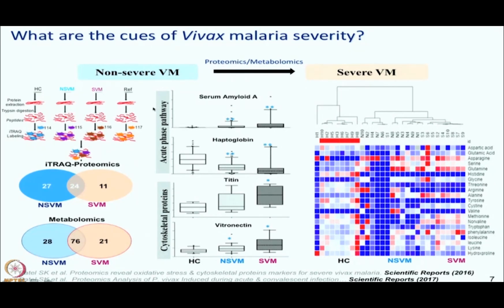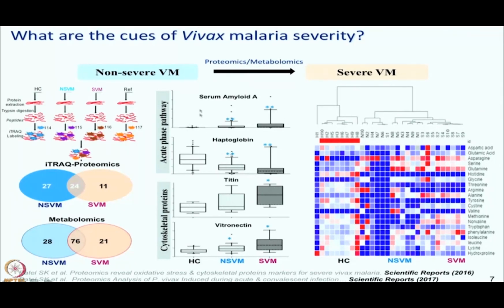A typical iTRAQ based mass spectrometry study, which we talked about in the previous lectures, was employed, and it revealed that there are sets of proteins which are very unique to non-severe or severe vivax patients. Looking at both the proteomics approach and metabolomics, we found some very unique metabolites which are secreted here. Some of the proteins from the acute phase pathway and the cytoskeletal proteins are shown on the screen.